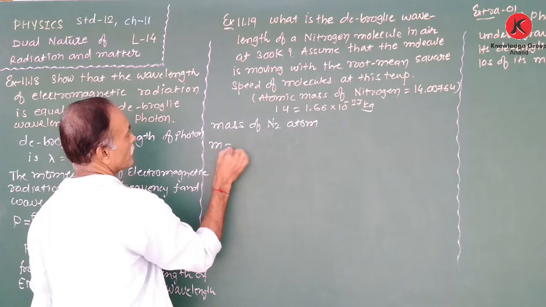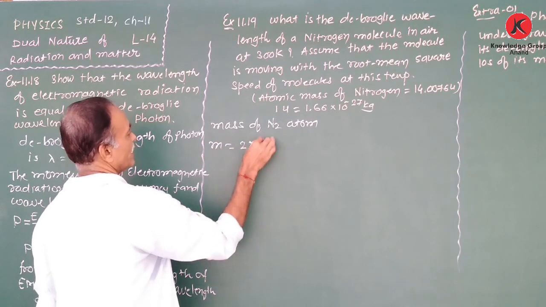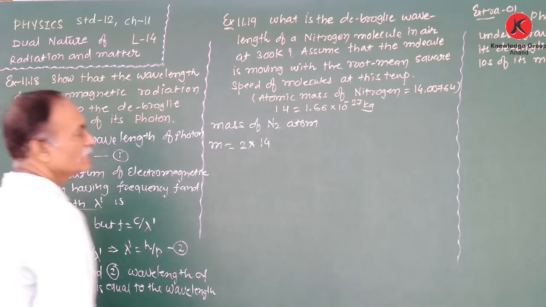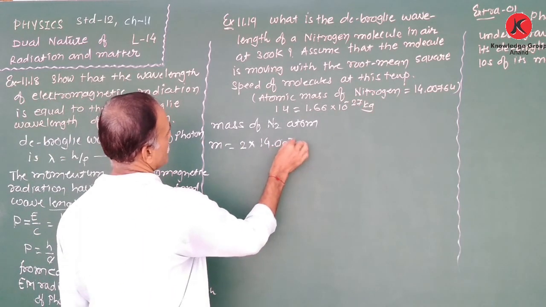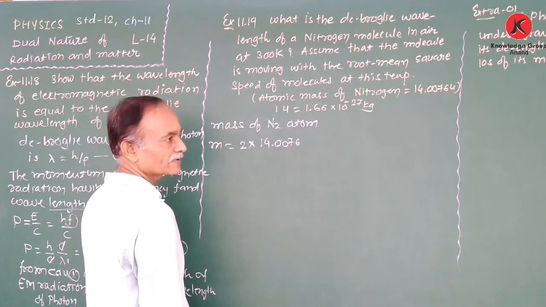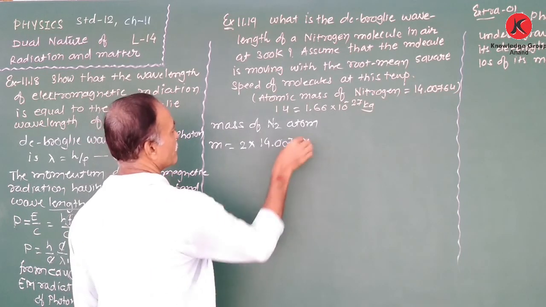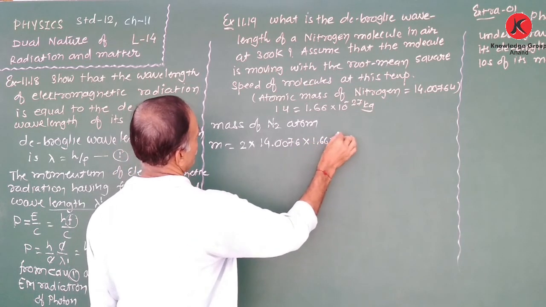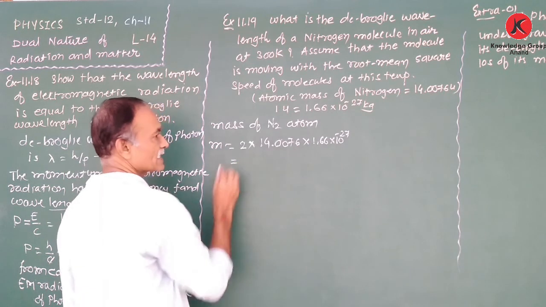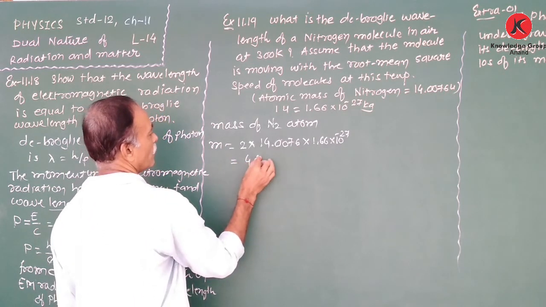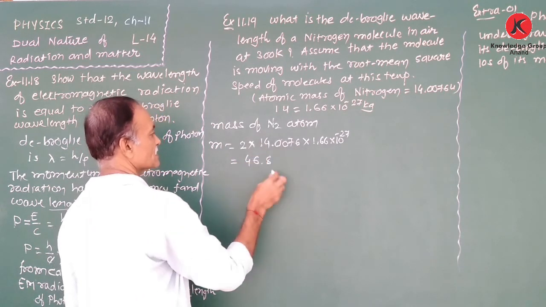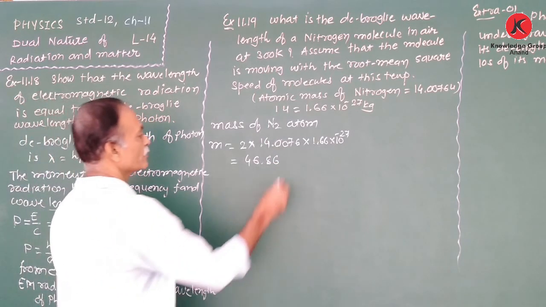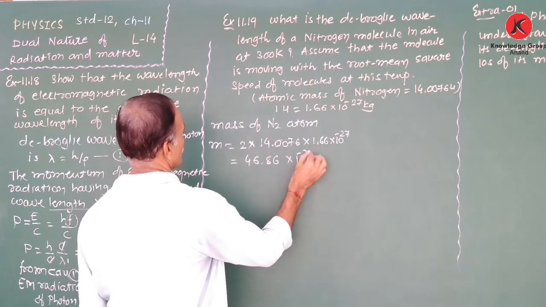Mass of nitrogen molecule, M is equal to, here there are two atoms, therefore 2 times the atomic mass, 14.0076 atomic mass unit, and converting the atomic mass unit into kg, 1.66 into 10 to the power minus 27 kg. It is simplified, so 46.86 into 10 to the power minus 27 kg.